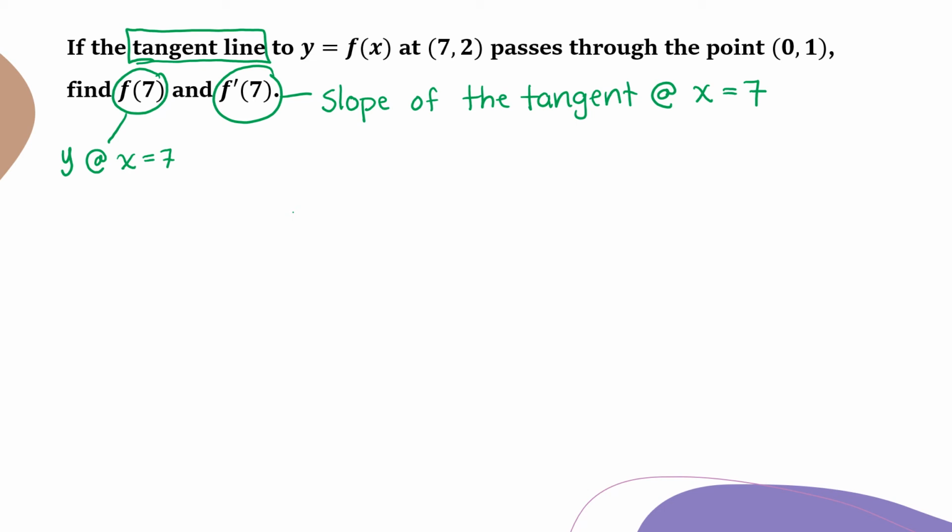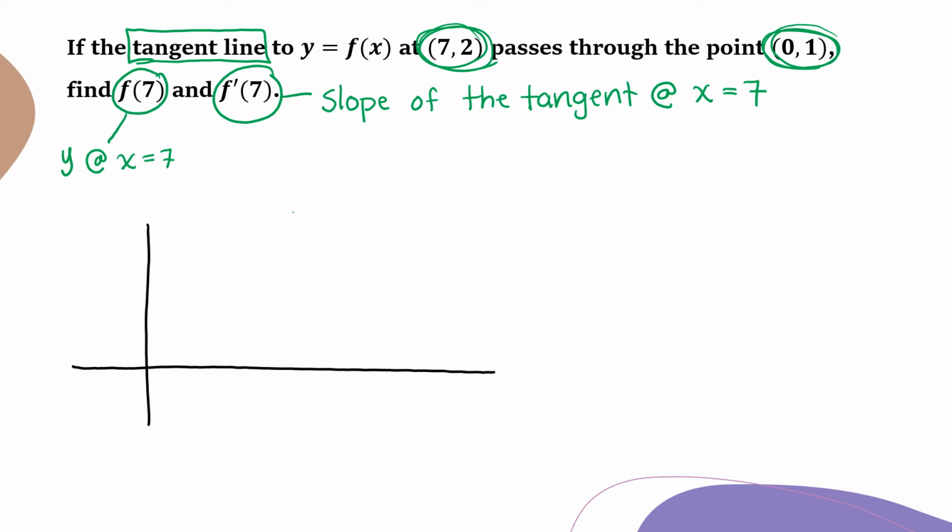So if we look at this, we have y is equal to f of x, and the tangent line to that function passes through 7, 2 and 0, 1. You don't need to sketch a picture, but it might help you visualize this. So we have the point 1, 2, 3, 4, 5, 6, 7, 2.